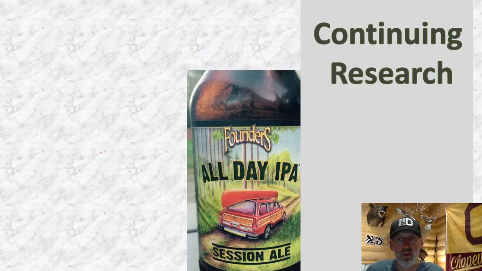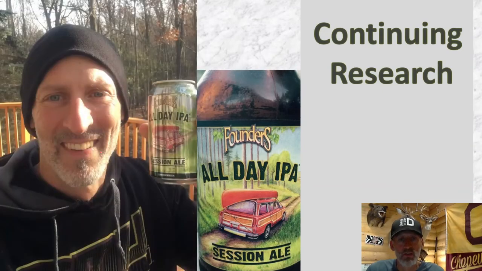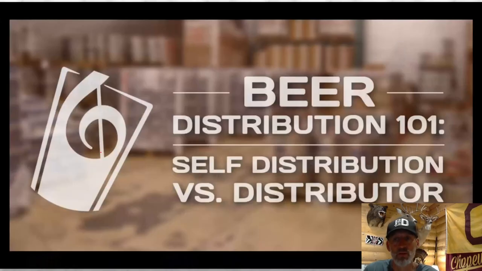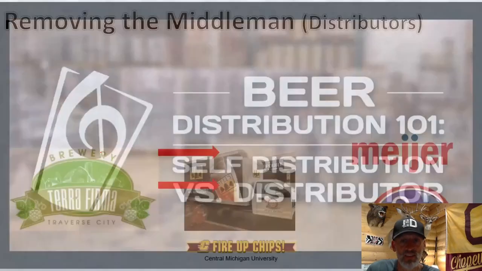All right, so for you, continuing research for this podcast involves Terra Firma. Here's the connection. Terra Firma, craft brewer in Traverse City, owned by John Niedermeyer, they're considering moving to a self-distribution model. They want to get out of utilizing their distributor, which is H. Cox & Son.